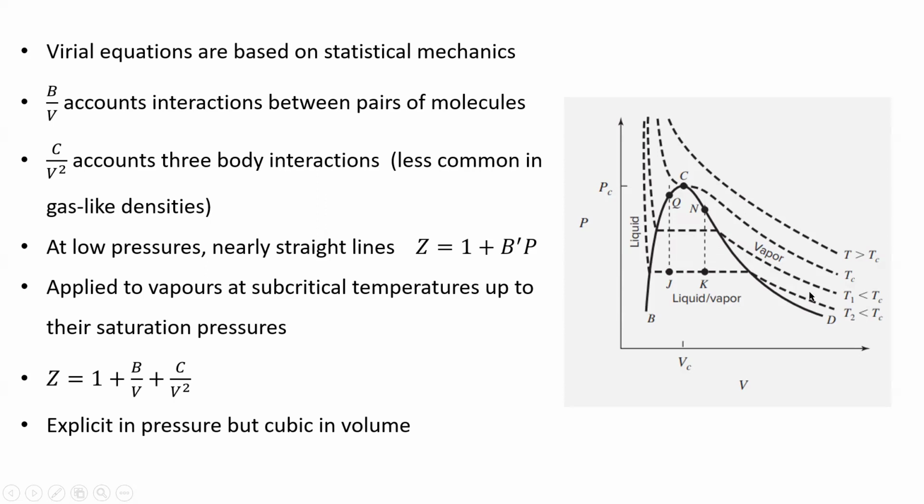That tangent line is equal to 1 plus B prime P. And this can explain the behavior just till the saturated pressure, and higher than that we need some other equation of state.